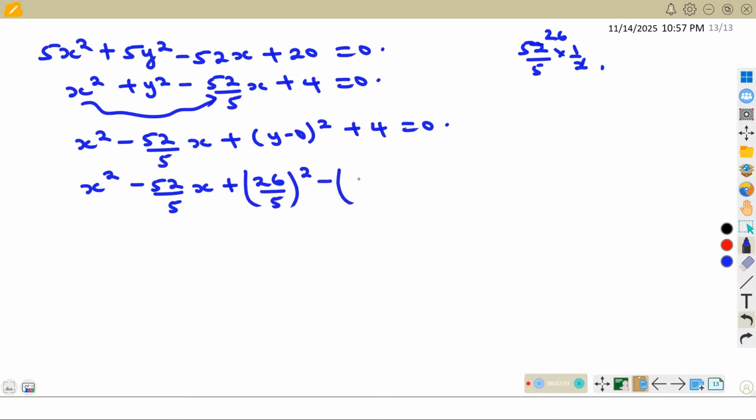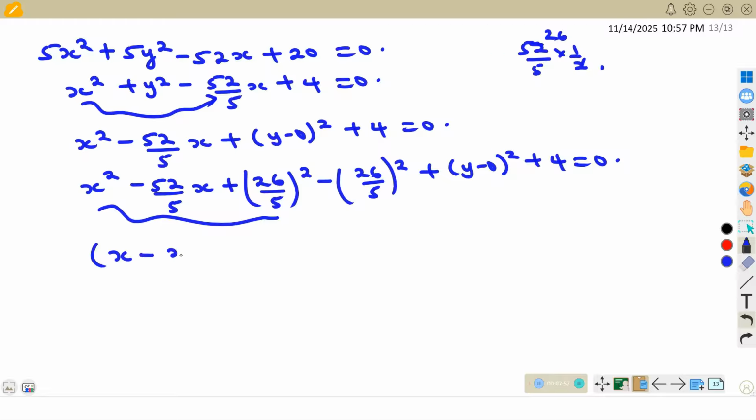I will again subtract 26 over 5 squared, and I will add there y minus 0 squared plus 4, which is equal to 0. So from this, I will get this as x minus 26 over 5 squared. Then I will have to add there y minus 0 squared.